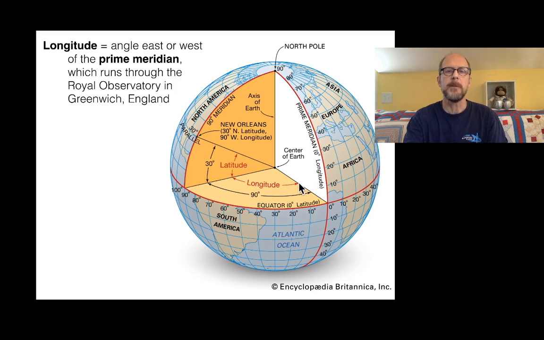So this is the longitude angle from the prime meridian. The prime meridian is a line that runs from the north pole of the Earth to the south pole, running through the Royal Observatory in Greenwich, England. In other words, basically London.